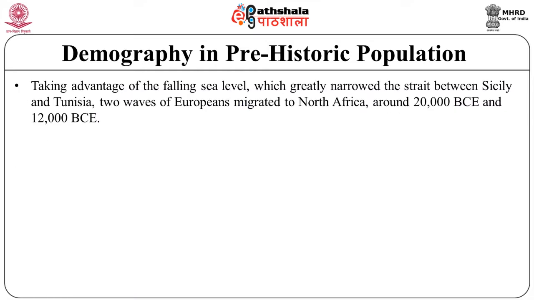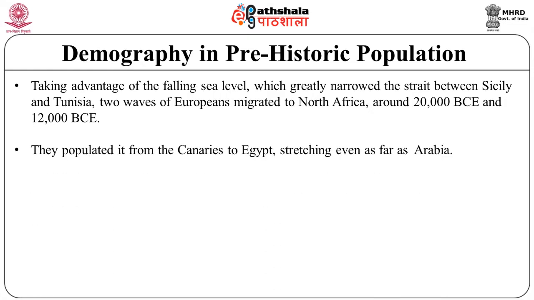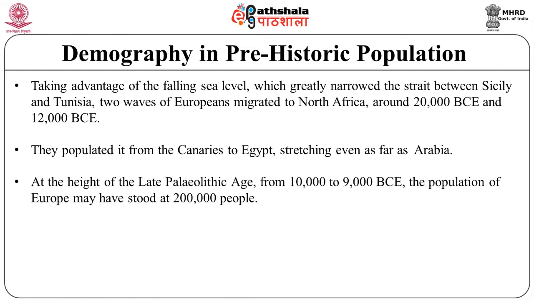Taking advantage of the falling sea level, which greatly narrowed the strait between Sicily and Tunisia, two waves of Europeans migrated to North America around 20,000 BCE and 12,000 BCE. They populated it from the Canaries to Egypt, stretching even as far as Arabia. At the height of the late Paleolithic age, from 10,000 to 9,000 BCE, the population of Europe may have stood at 200,000 people.